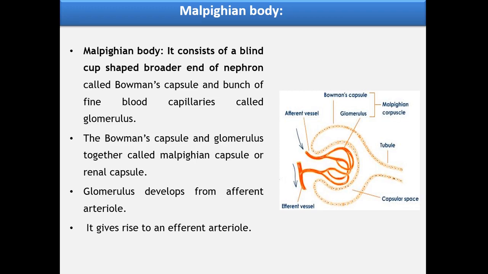These afferent arterioles enter each Bowman's capsule. Later, it divides into a bunch of thin capillaries called glomerulus, a fine tuft of capillaries which are meant for filtration.